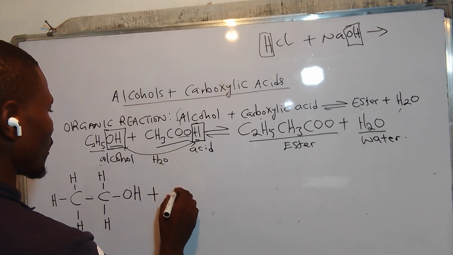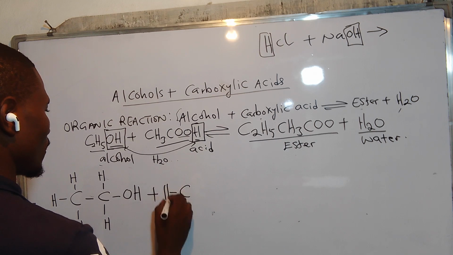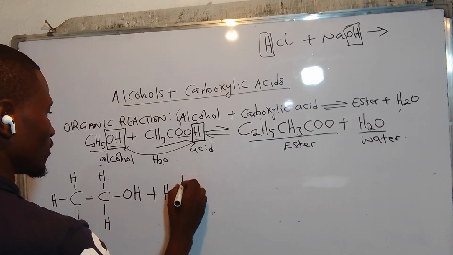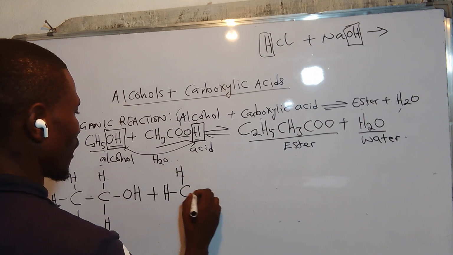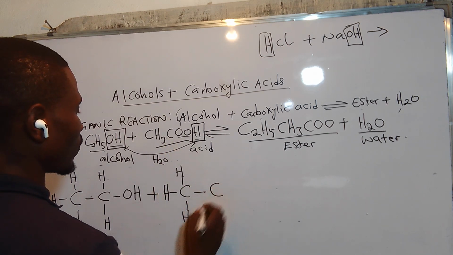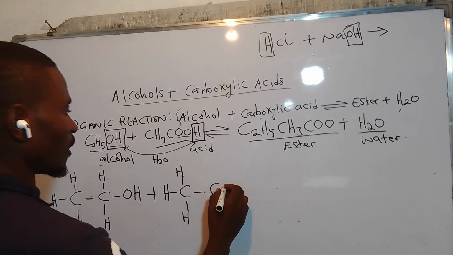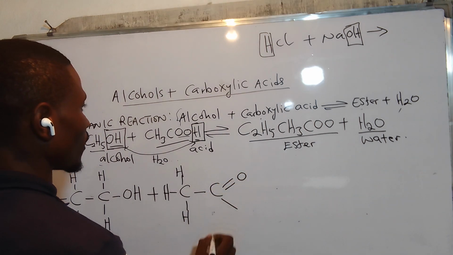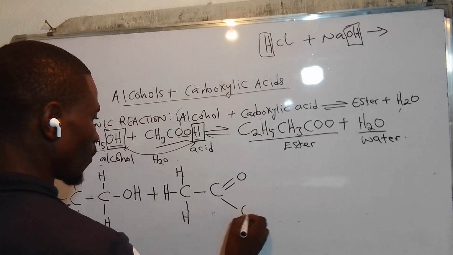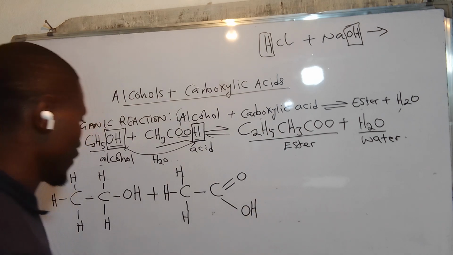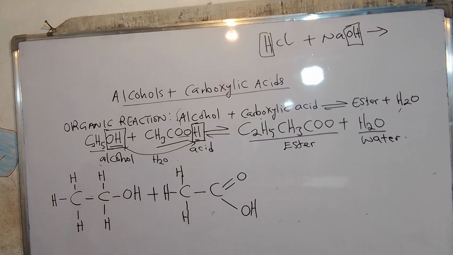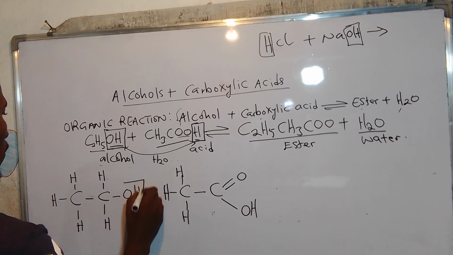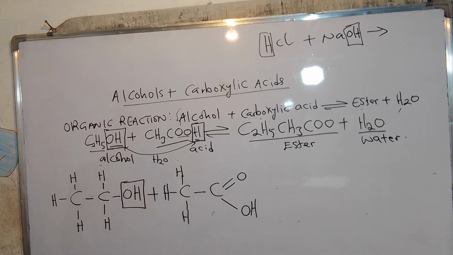So we have one carbon, and then 3 hydrogen for the first carbon. And then now we have the other carbon, which is a functional group carbon. It's going to have the double bond there, and then also one OH.